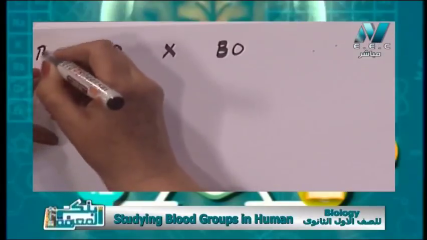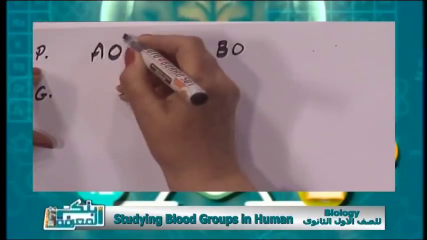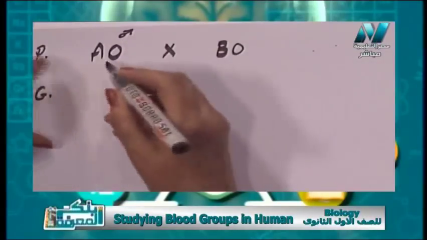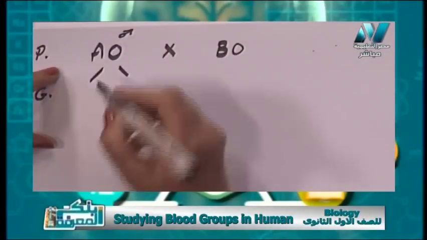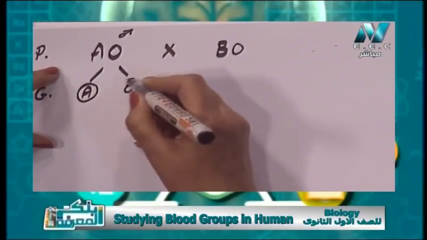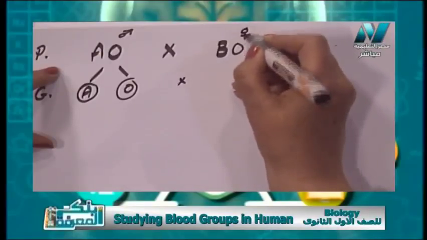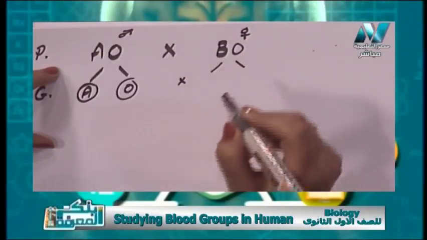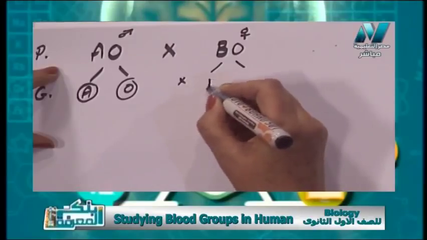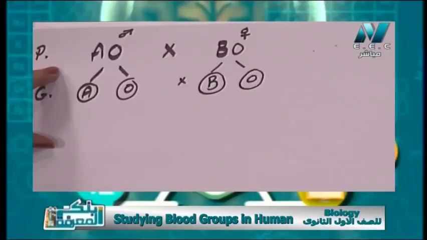These are the parents. What about the gametes? This man could have two types of gametes: a gamete with A and another gamete with O. And the woman must have two types of gametes, gamete with B and gamete with O.